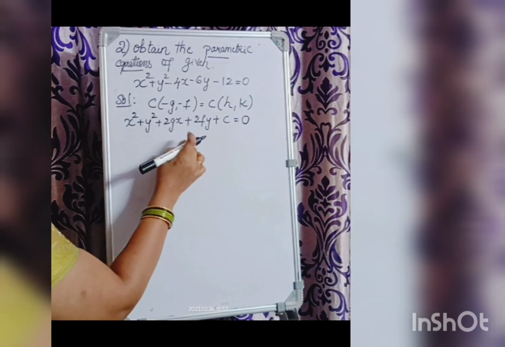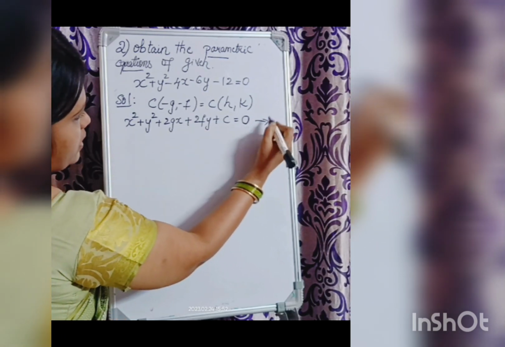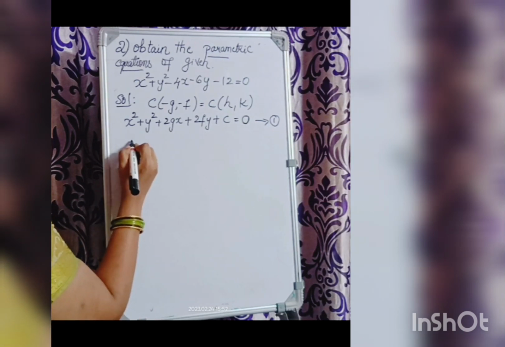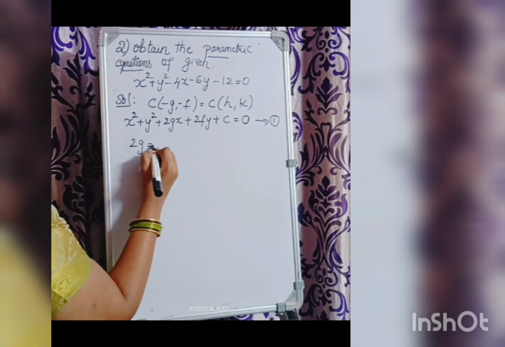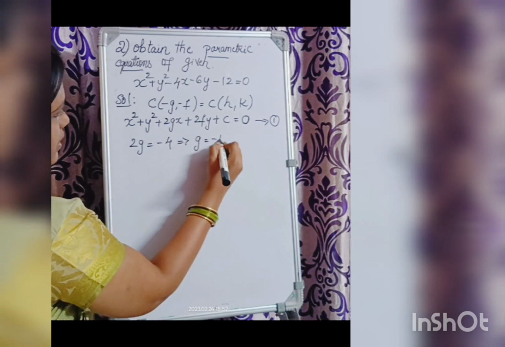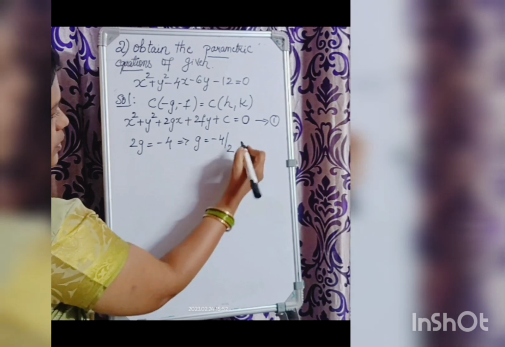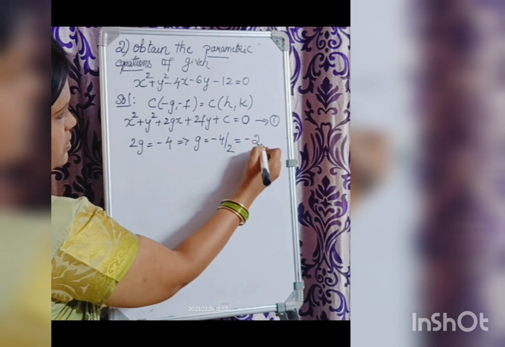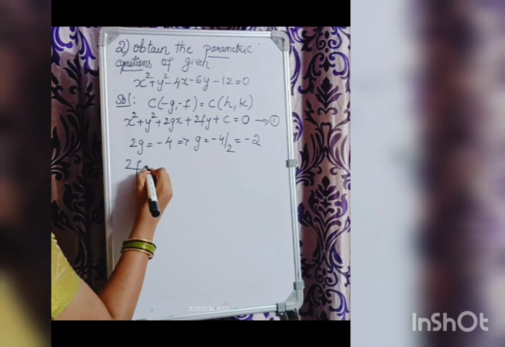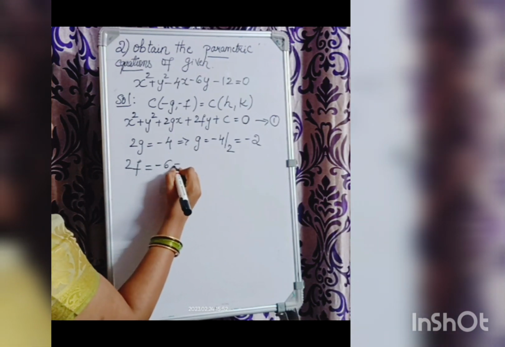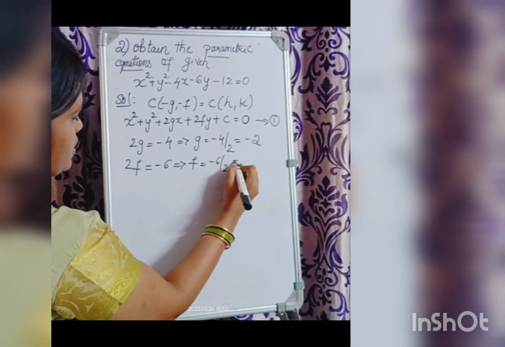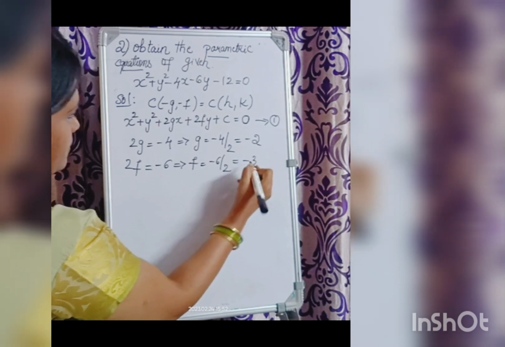So now comparing the given equation with this equation 1, what we'll get is 2g is minus 4, which implies g is equal to minus 4 by 2, right? So g is minus 2. Similarly, 2f is minus 6, which implies f is minus 6 by 2, which is minus 3.